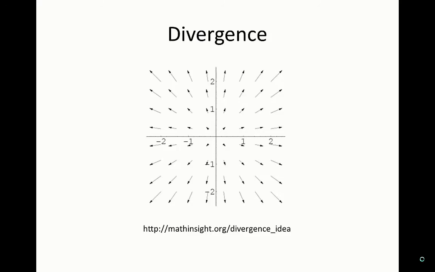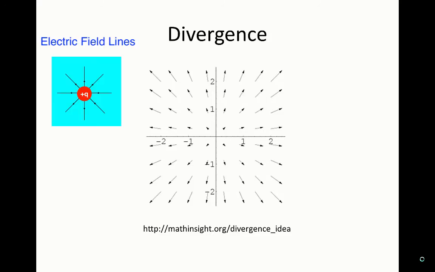If we come back to E&M, where we're going to be using this a lot, a positive charge is a source of divergence in electric fields, and negative charge is a source of negative divergence in electric fields. So let's look at how we find divergence.